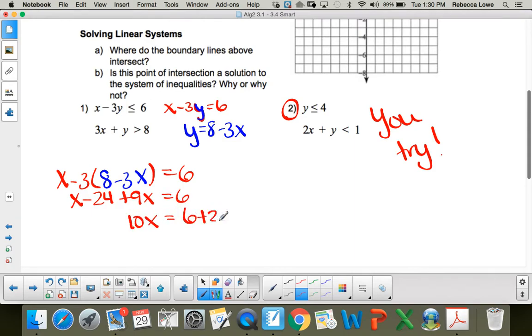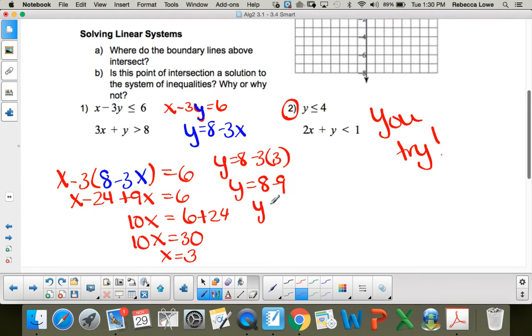I get 10x equals 30, so x would be 3. Remember, that's just the x coordinate. I plug that back into either inequality or equation, and I get my y value. I'm just going to put it in for the second one. So I get 8 minus 9, so y is -1. So the point of intersection is (3, -1).